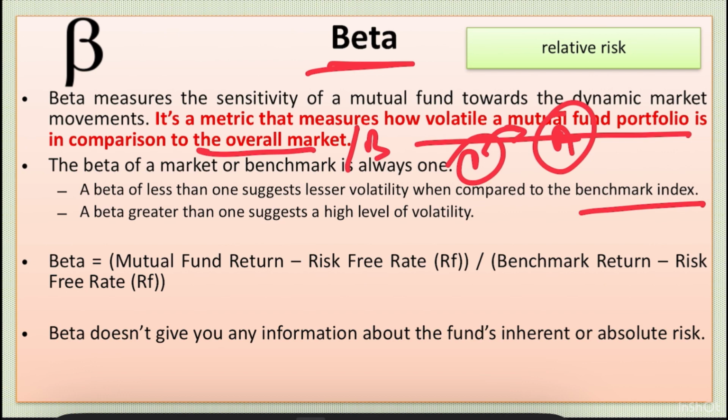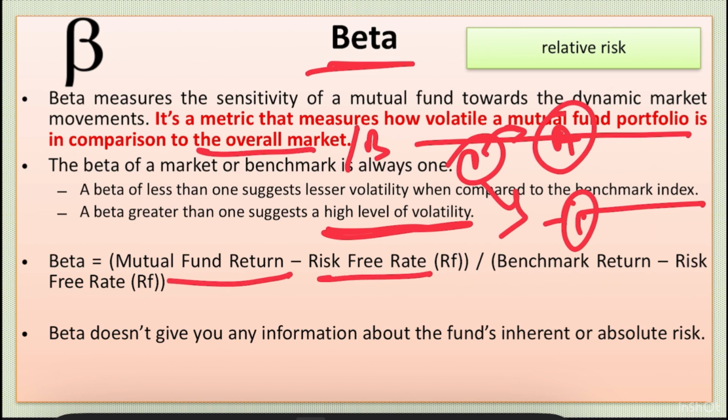And if the beta is less than 1, what does this mean? It has performed worse than the market or the benchmark. It also says that our beta is highly volatile. So whenever beta is more volatile, that means there will be more risk and more returns. Now the formula to compute beta is mutual fund return minus risk-free rate of return.